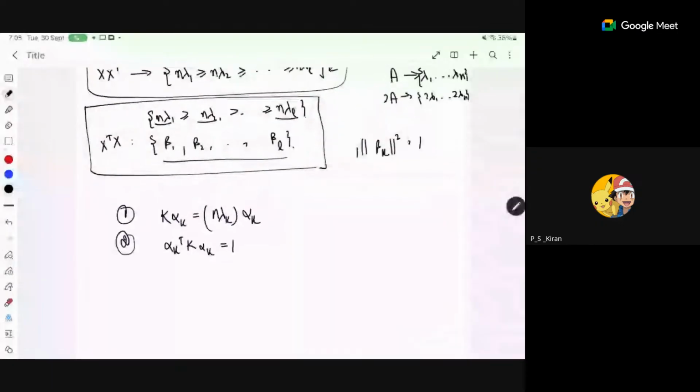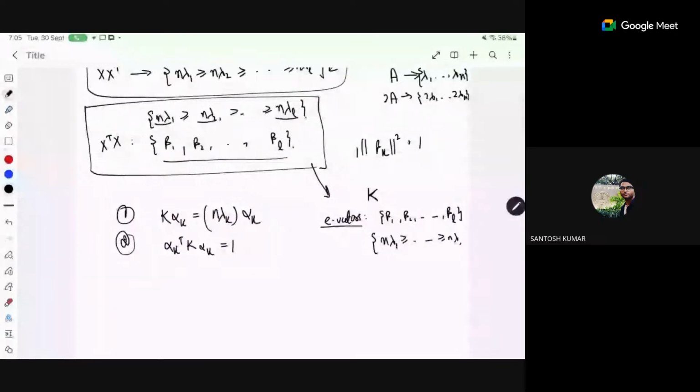So now for the matrix K, what we said is that its eigenvectors are beta 1, beta 2, so on till beta L, and the eigenvalues are n of lambda 1, so on till n of lambda L. Right? So these are the eigenvalues and eigenvectors.